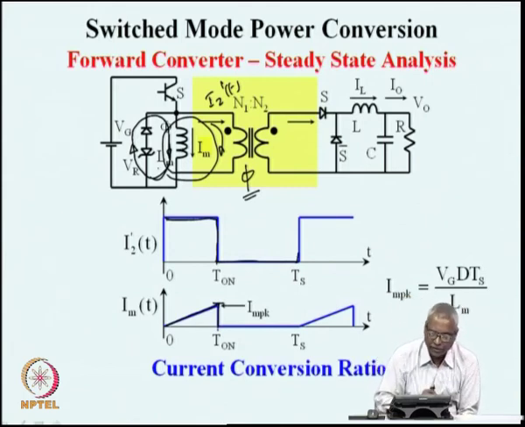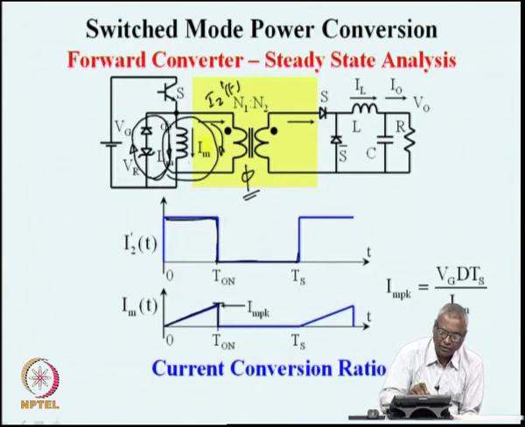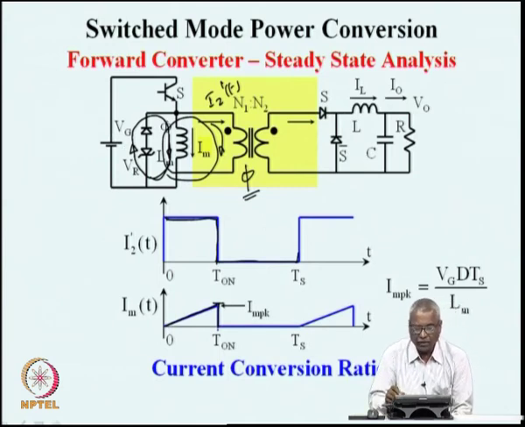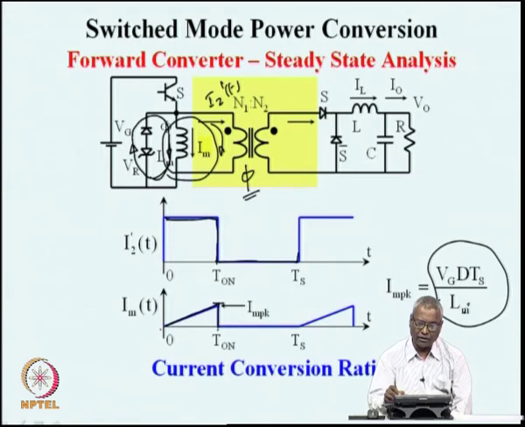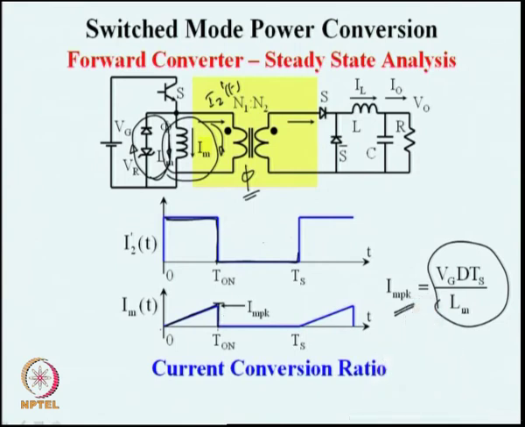So, if we now write the equations for the primary current Im, it is Vg divided by Lm multiplied by the on duration dTs. This is the volt second balance divided by the magnetizing inductance, which gives the peak magnetizing current seen in this picture. But now, during the off time, the current through the inductor continues to flow through the demagnetizing circuit.